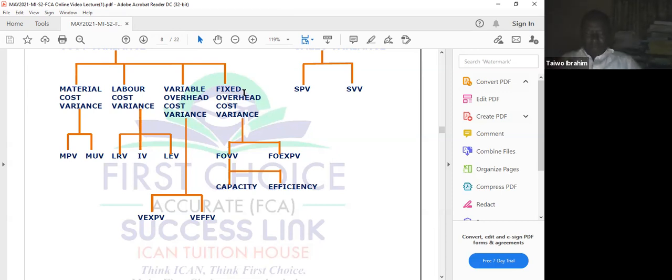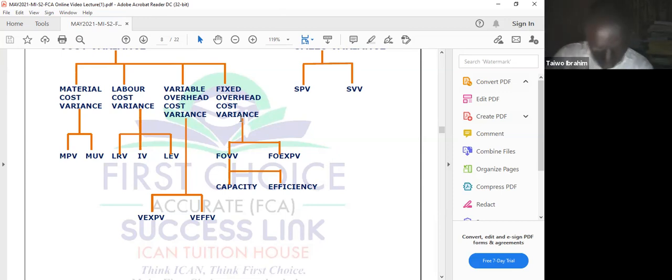Under the fixed overhead cost variance, I want you to be a bit patient when you are interpreting it. Now, what is the meaning of this fixed overhead cost variance? Listen, it is the variance that is due to over absorption or under absorption of fixed overhead into the cost of product.